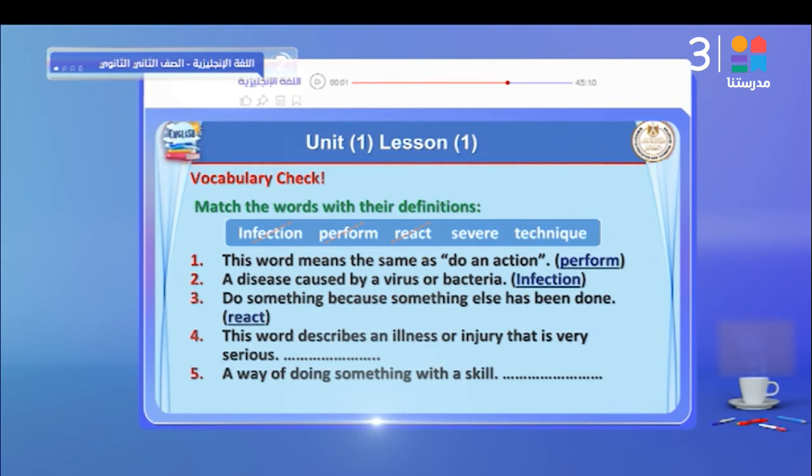How can I describe the injury? By telling the people it's very serious. We can use the word severe. Okay, so we say a severe illness or a severe injury. We have the word injury as a noun, and we have also the word injured. Okay, he's injured.